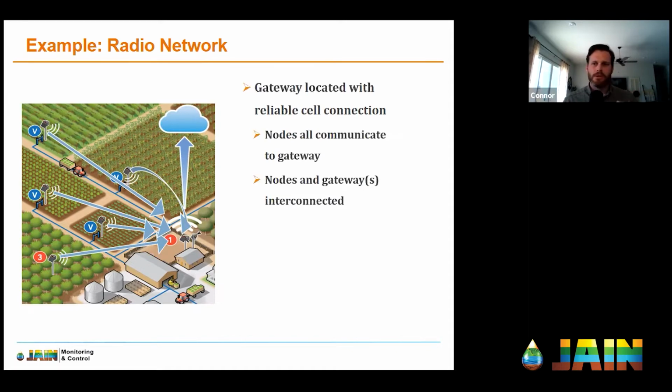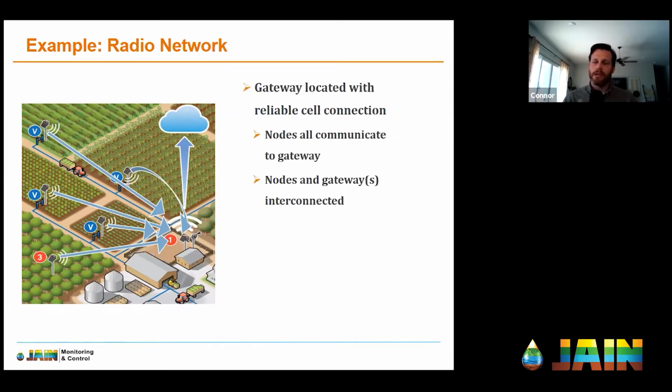Each of the nodes can be sprinkled out in the fields wherever we need them. In this example, we have some controlling valves, and one out in the orchard probably doing soil moisture monitoring and pressure monitoring. All of that data being collected and all those commands being sent to those valves has to come to the gateway before it has access to the cloud. So all the nodes are working together in a cohesive unit.